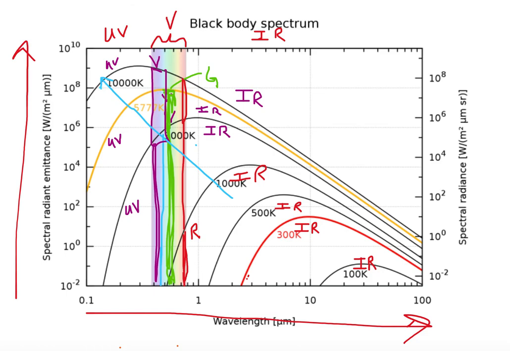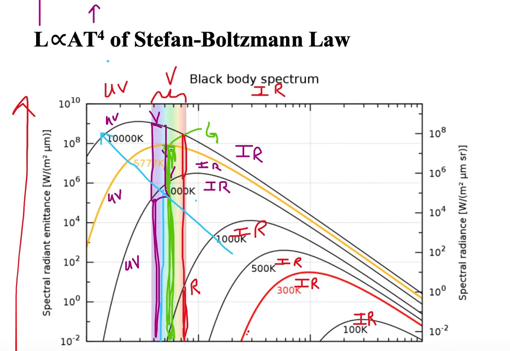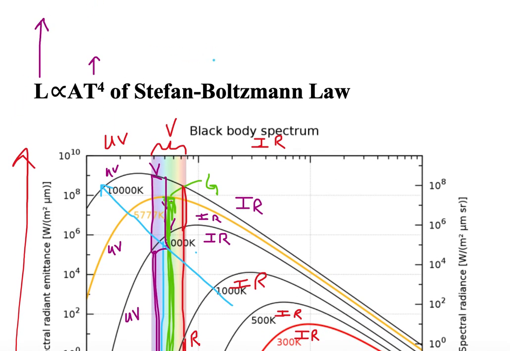And at 10,000 Kelvin, the star is mostly emitting blue or violet light. So we see this increase in the amount of blue light being emitted as the temperature goes up for stars. So the second property that we see looking at this graph is that the hotter the star, the bluer the star.